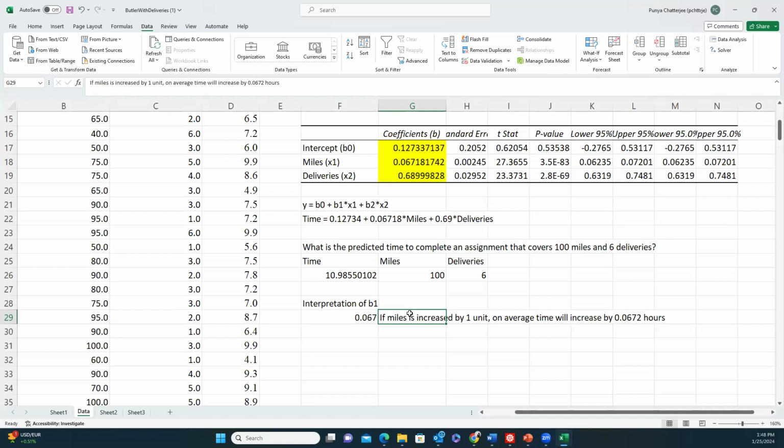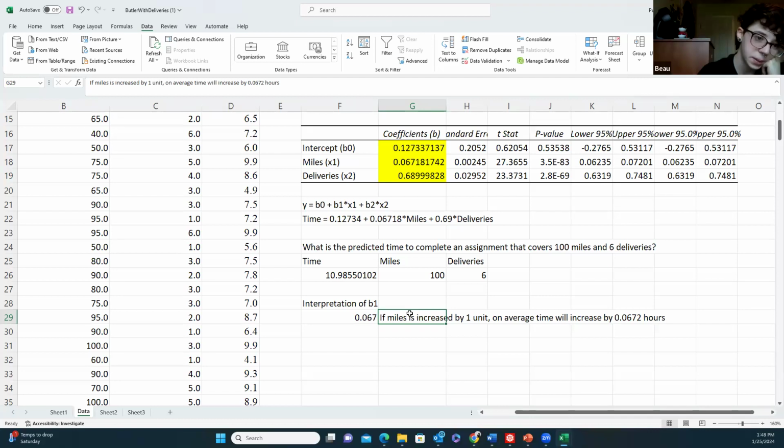That should increase too, right? Deliveries stay the same. Yes, exactly. So the delivery stays the same here.